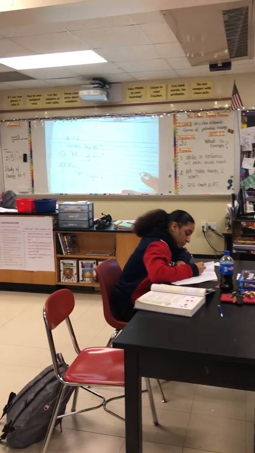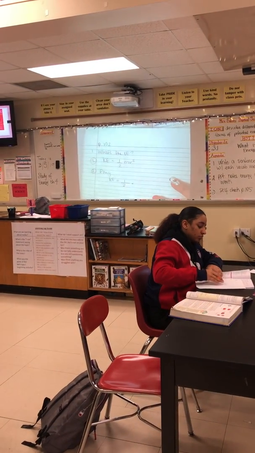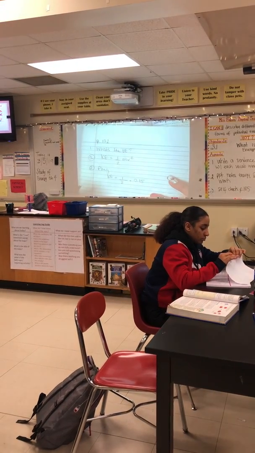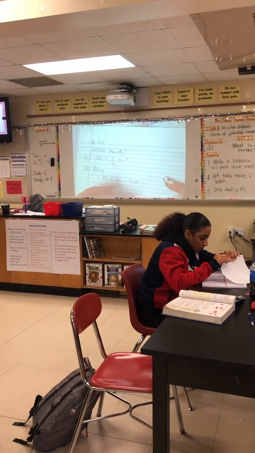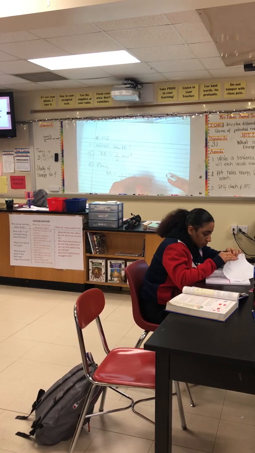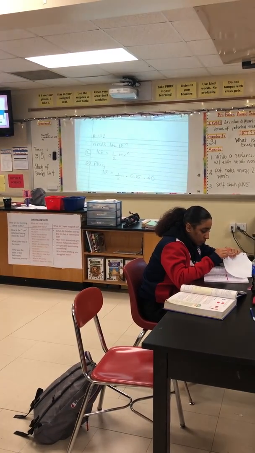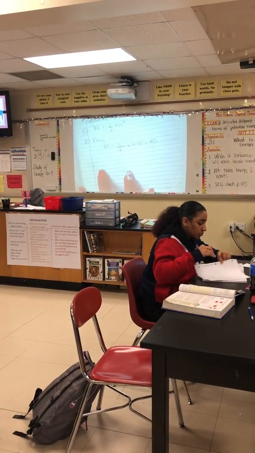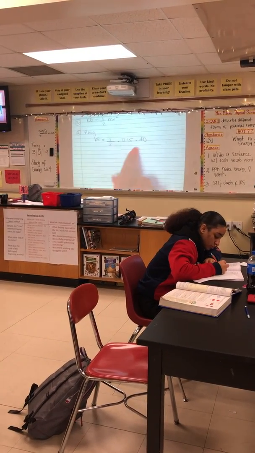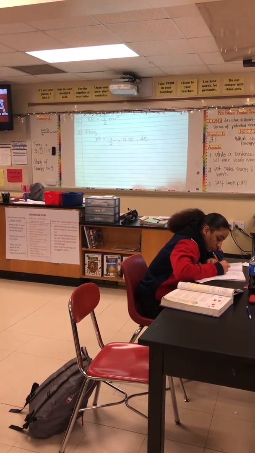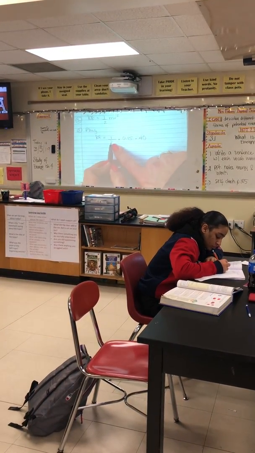What's the mass? 0.15. What is the speed? 40 meters per second squared. All right. So if we multiply 0.15 times 40, what do we have to do to that? You see this 2 right here. What's happening with this 2?